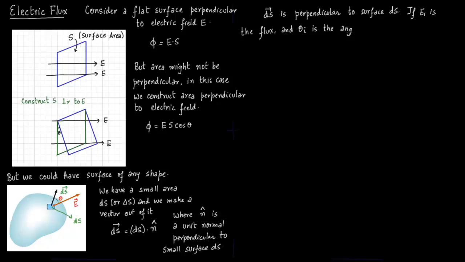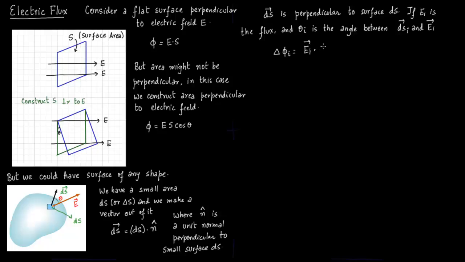Notice that I have drawn the flux in red in the figure, and this passes through the surface ds, and say theta i is the angle between ds vector and this small Ei vector. So now we are writing dsi and Ei just to differentiate that, or to talk about a small patch.